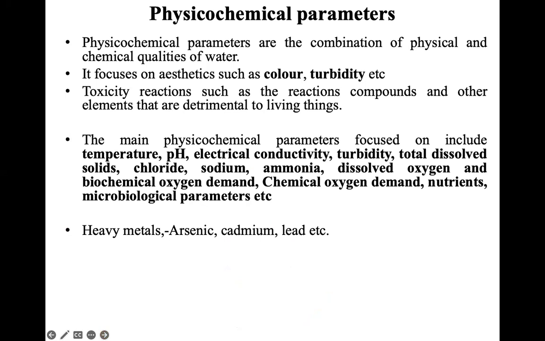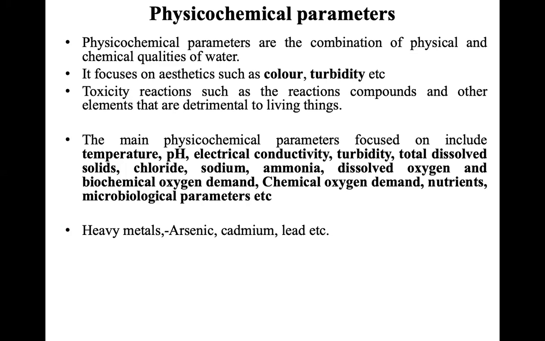Now let's start with the chemical parameters. What are the chemical parameters? These are parameters that are a combination of the physical and chemical properties of water that is used to ascertain its quality. In the physicochemical parameters, we are interested in some aesthetic characteristics that include the color, stability, and other properties.